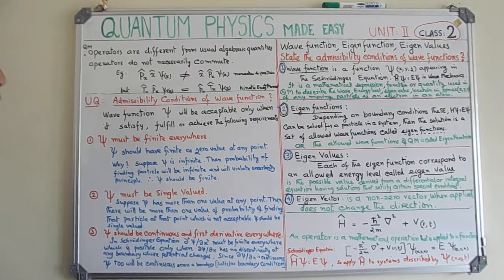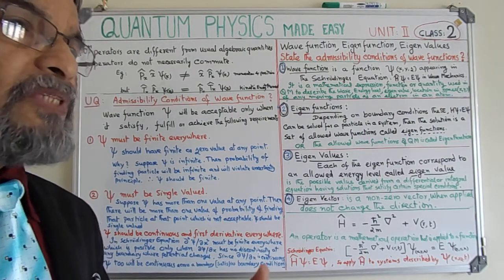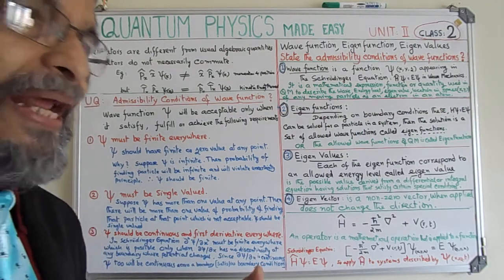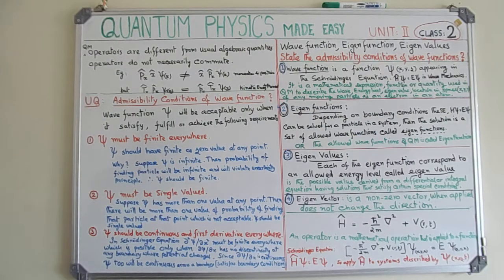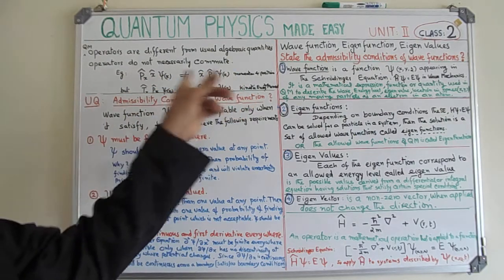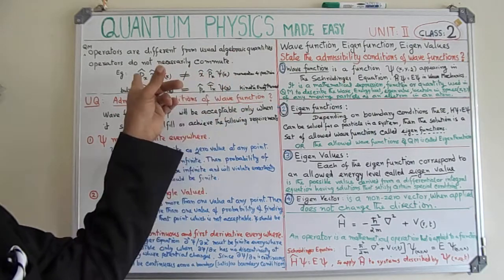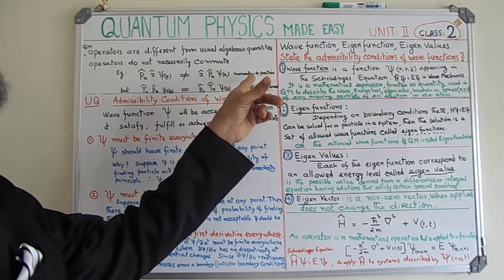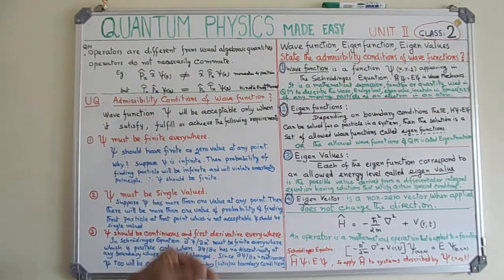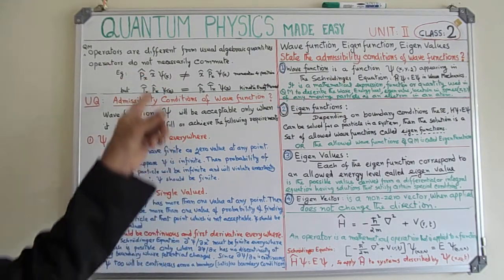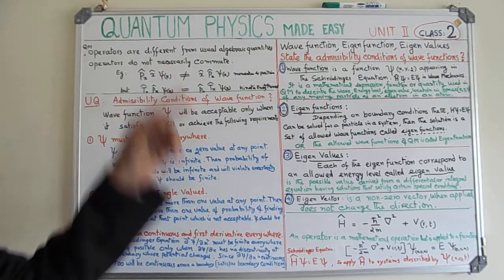How? Operators do not necessarily commute. That means some operators, when selecting a particular combination, may commute, but others will not commute. For example, if you are doing the operations of momentum followed by position, momentum operator is px cap followed by x cap.